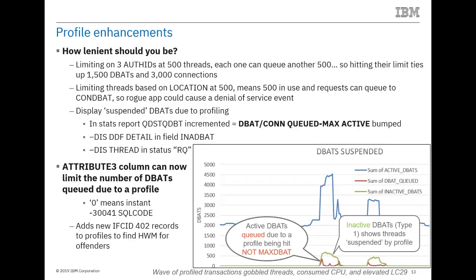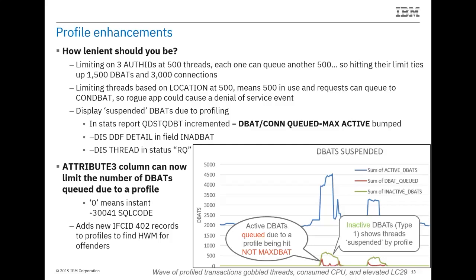So if they do reach their limits, I'm going to have 1,500 DBATs tied up, right? They're allowed to use all 1,500 simultaneously, and I'm going to have 3,000 connections because I've got another 500 from each auth ID that are in a suspend state waiting to run, but they're still using a connection. So you want to be able to do the math and map out how many of these resources you're willing to allow these guys to absorb.